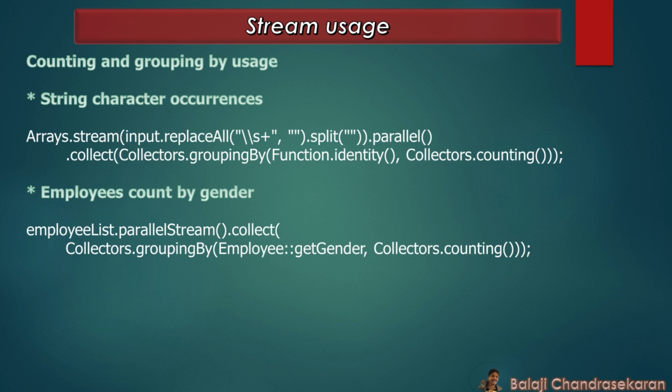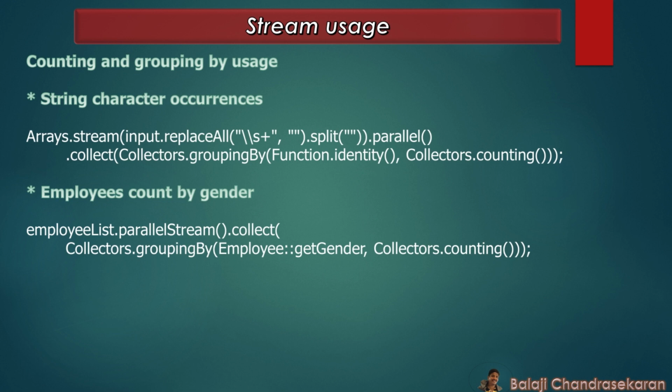The stream method in the Arrays class creates a stream from the array of individual characters obtained in the previous step. The collect operation is a terminal operation that collects the elements of the stream into a result. In this case, it collects the characters and their respective counts into a Map object of Character keys and Long values. The groupingBy collector method groups the elements of the stream by their identity, that is, the characters themselves, and counts the occurrences of each character.